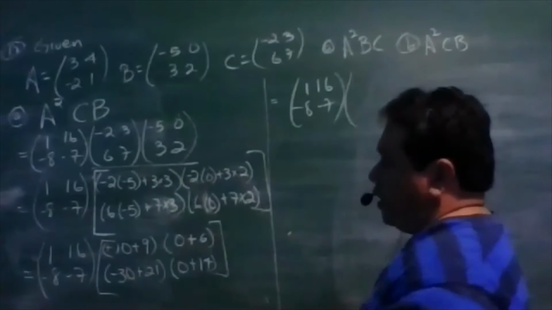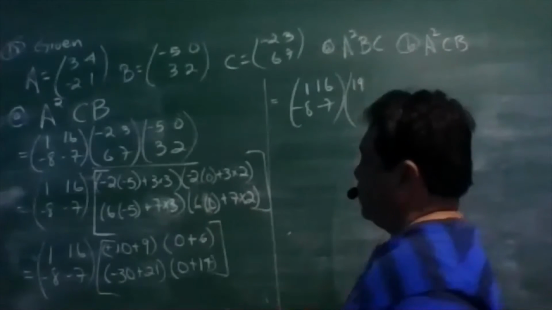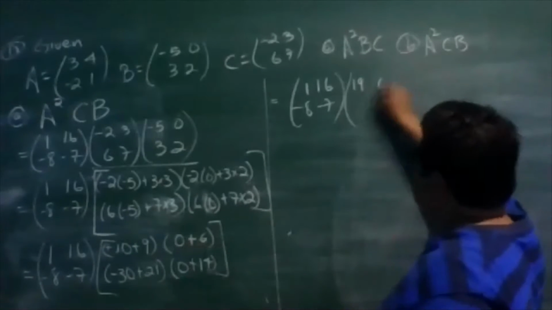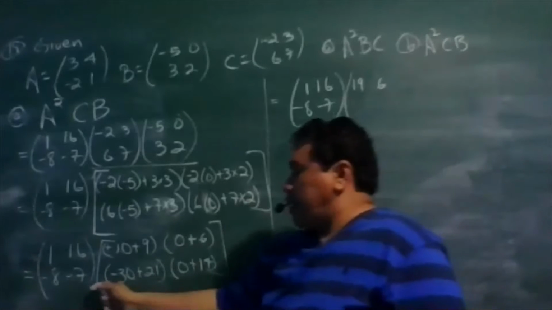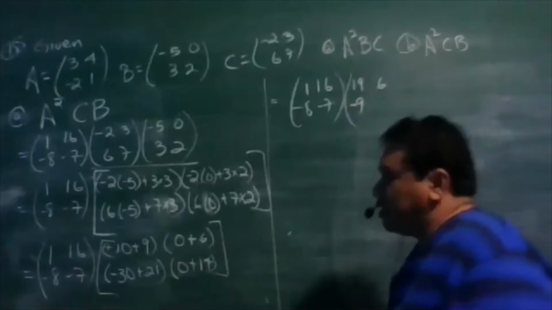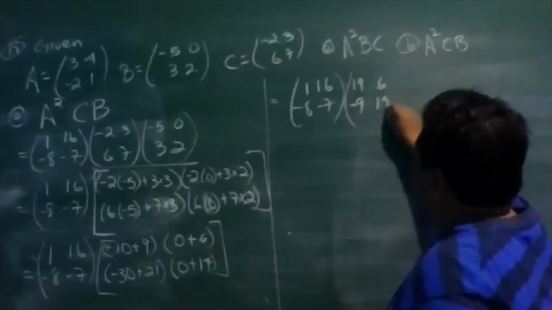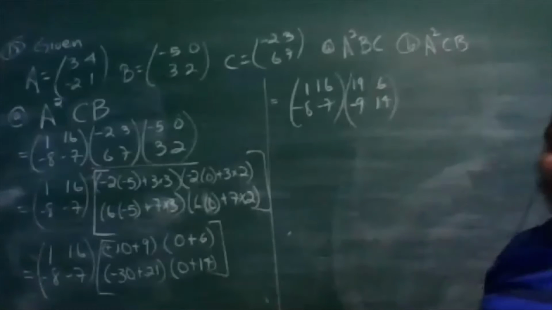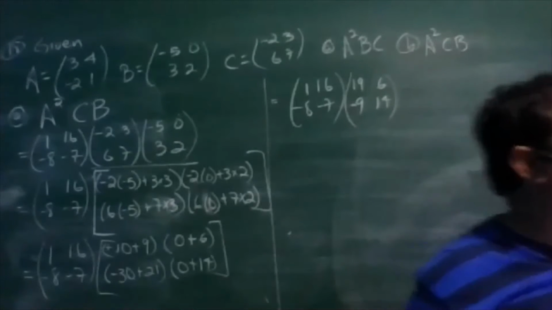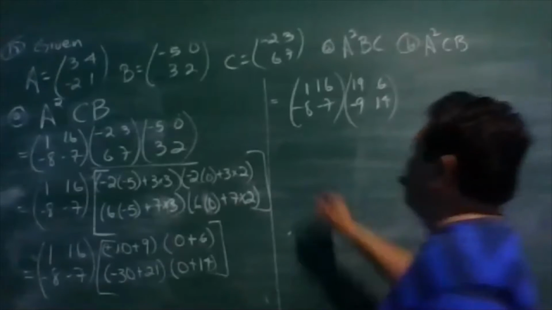Now the CB will be 10 and 9, that's 19. 0 and 6, that's 6. -30 plus 21, that's going to be -9 because the larger one is negative. And 0 plus 14 is 14. So now this is what I will need to multiply to get my final answer.